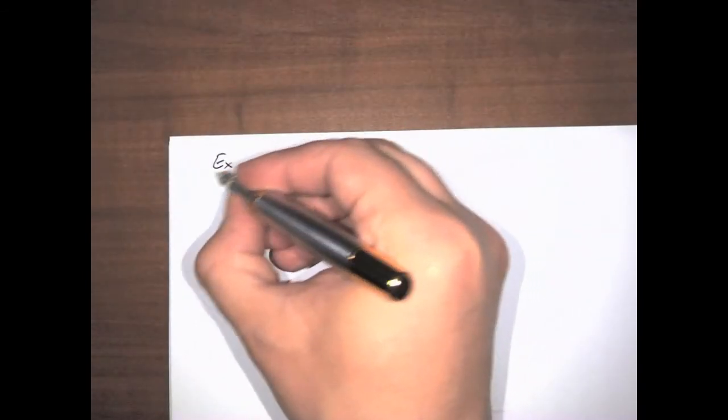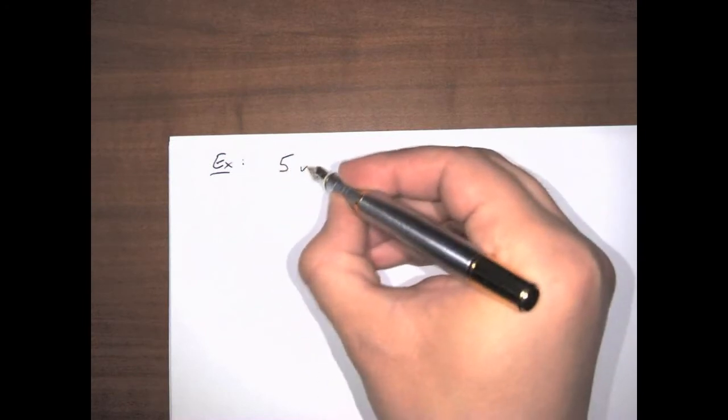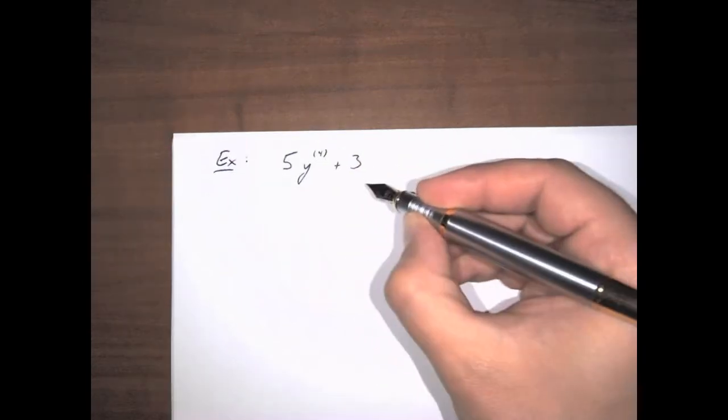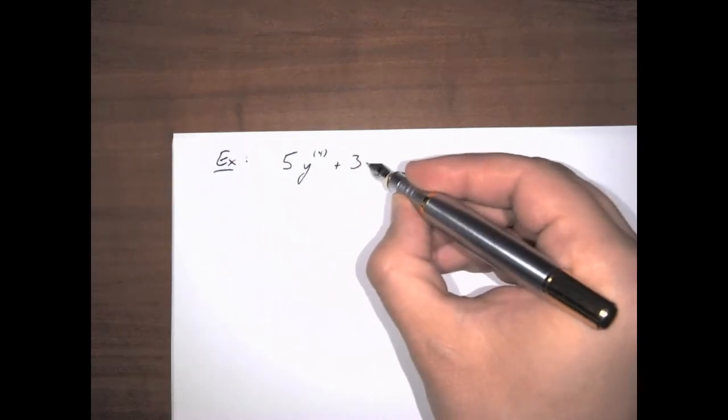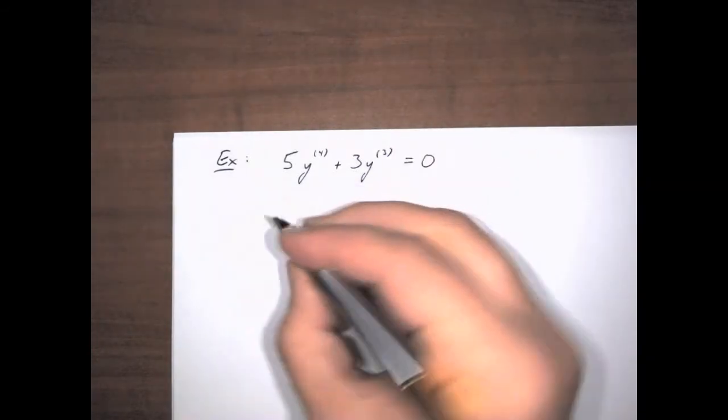For example, the easiest way to see this in action would be this example revisited now. Let's say once again we were talking about 5 times the fourth derivative of y plus 3 times the third derivative of y equals 0.